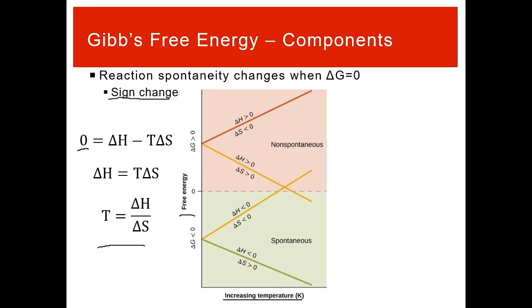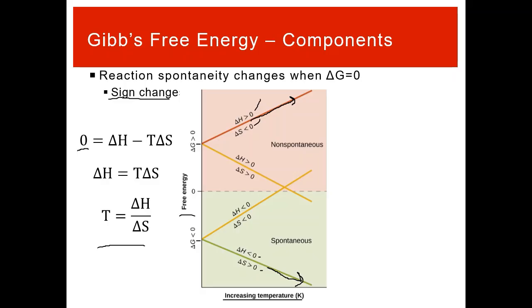We said that for something that was exothermic and increased spontaneity, it was always spontaneous, because we start out at a negative Gibbs free energy and it just decreases. Conversely, endothermic reactions that decrease order start out at a positive Gibbs free energy and just go more positive, getting further away from spontaneousness.